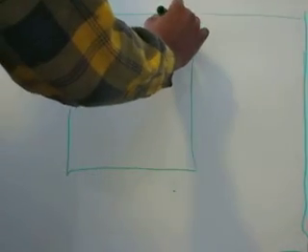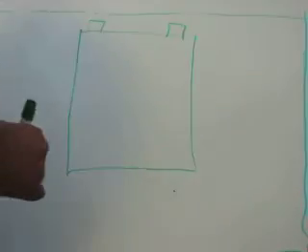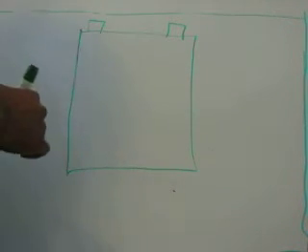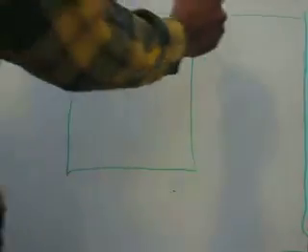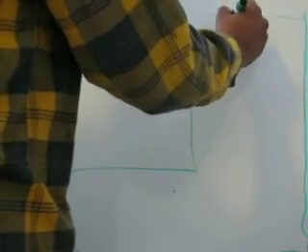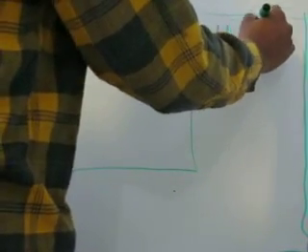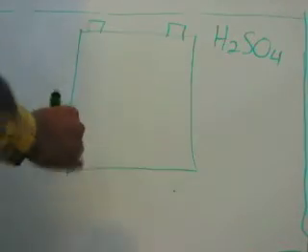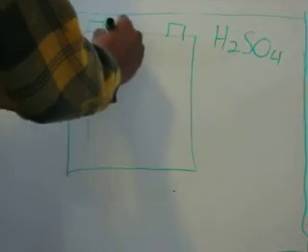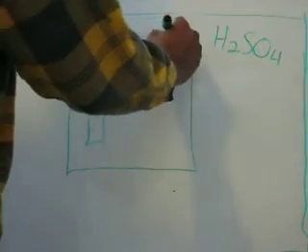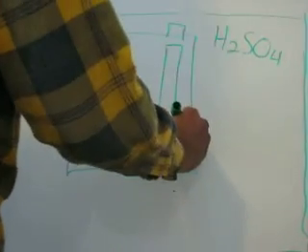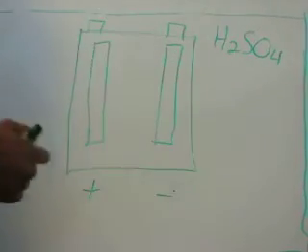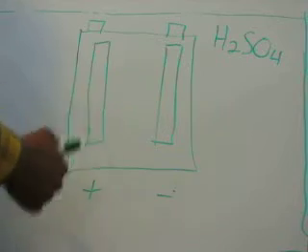So I've got a battery here, plus and minus terminal, and in all batteries you're going to have some electrolytic type substance. In car audio and cars, basically you're going to have your electrolytic as sulfuric acid, and you're going to have your lead plates in there. You'll have positive and negative plates.